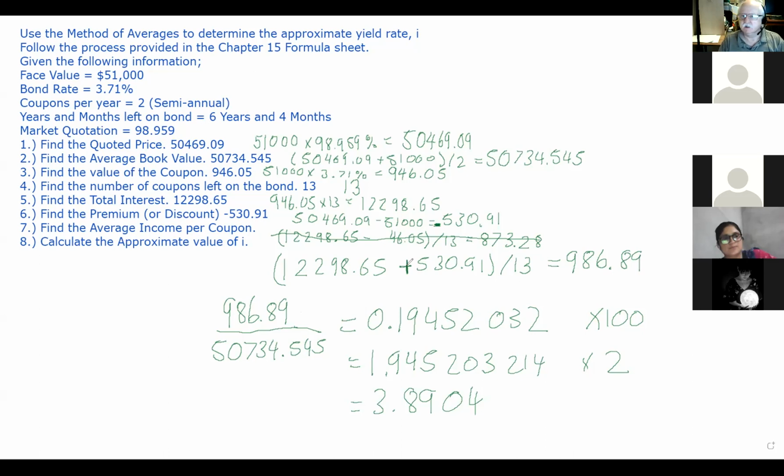Excuse me, sir. Sometimes Moodle says that we have to give 3 decimals, but our answer is 2 decimals. So what can we do? Oh, you mean up here? If it says 3 decimals, but you've only got 2, that's fine. I wouldn't worry about putting another 0 there.